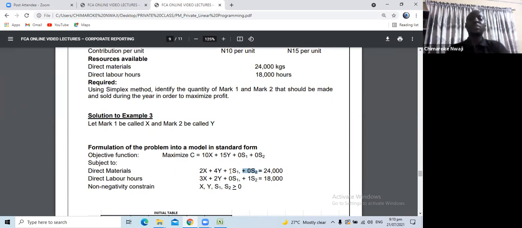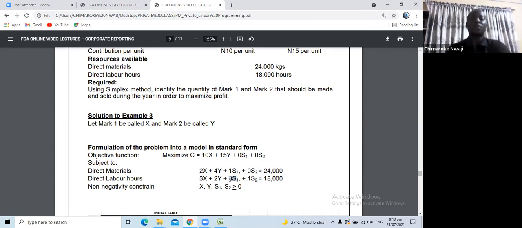No, it means the coefficient before the S1 is 1. Now, flipping the coin to the other side, S1 has no business in labor. It is S2 that has business with labor. That's why it has 1S2, while S1 is 0.